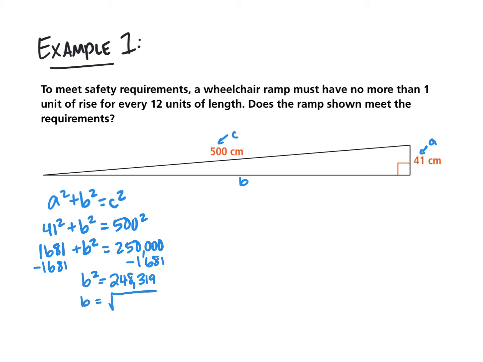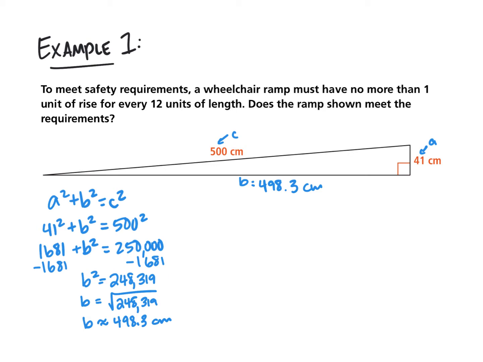So b would be the square root of 248,319, which is going to be about 498.3 centimeters. So this ramp has these dimensions. We got a rise of 41 centimeters and a length of 498.3 centimeters.